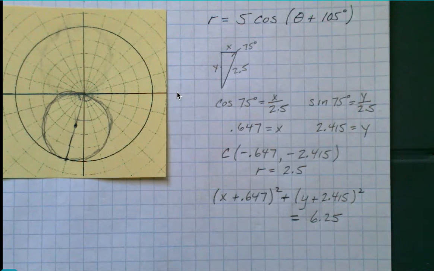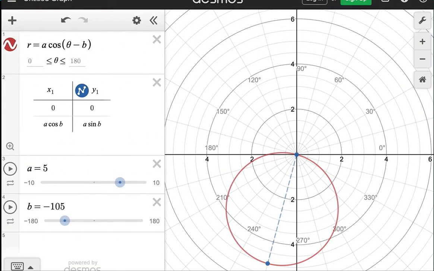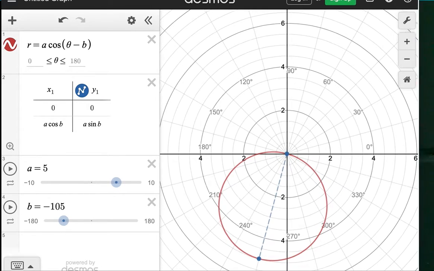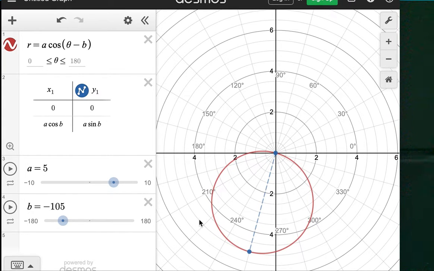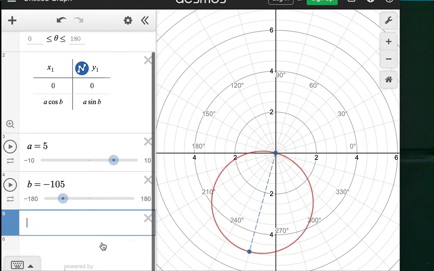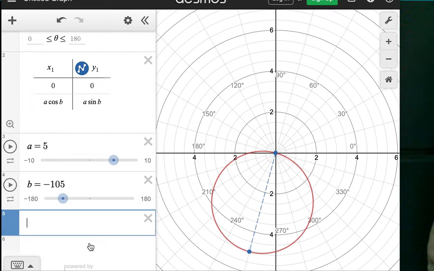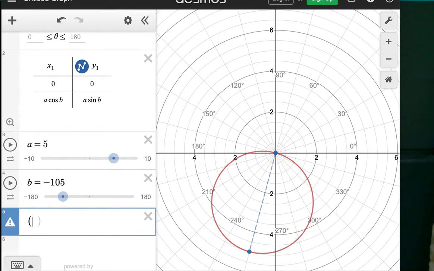So now we could go on to Desmos and we could type that in and check to see how well it matches the graph we had at the outset. So we'll switch back over to Desmos here and make this a little smaller. Might be a little better there. Okay. And so I'm just going to go ahead and start typing in the equation.